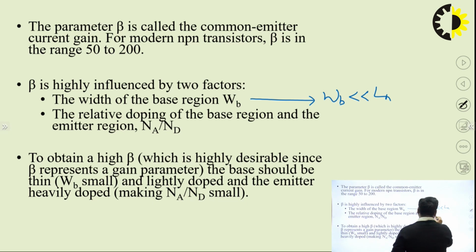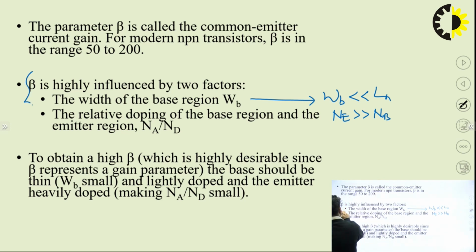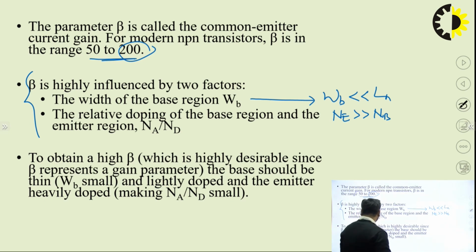And the doping of the emitter should be much higher than the doping of the base region. With these two arrangements, beta can be maximized up to 200. If beta is 200, then the BJT can be used as a good amplifier.